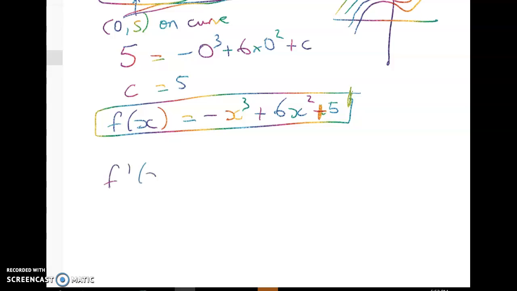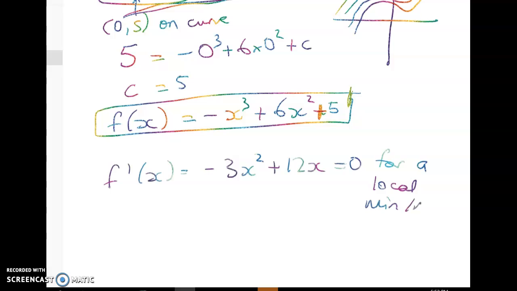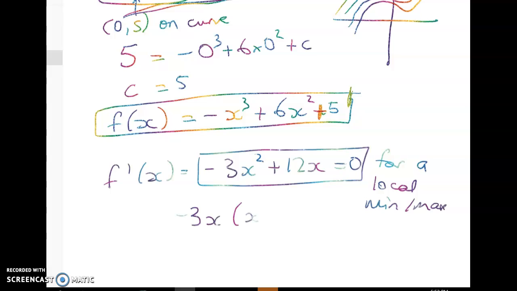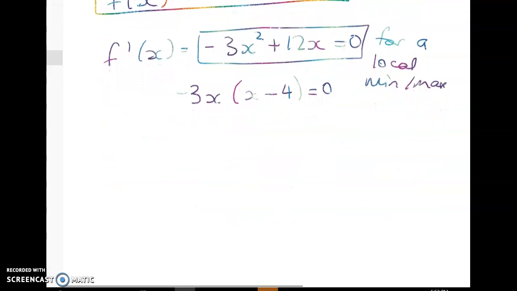So f dash of x is equal to negative 3x squared plus 12x, and that equals 0 for a local min or max. We're going to solve this easy quadratic. We get negative 3x times x minus 4 equals 0. So x is equal to 0, or x is equal to 4.